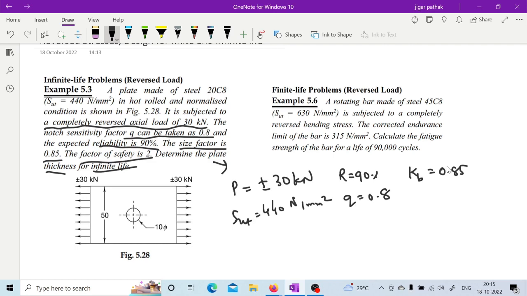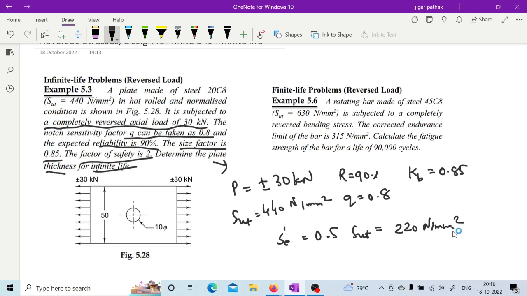So first, endurance limit stress can be estimated, right? If it is not mentioned, then the estimate will be 0.5 times SUT. So what is this in our case? SUT is 440, so 0.5 SUT will be 220 Newton per mm square. Okay.